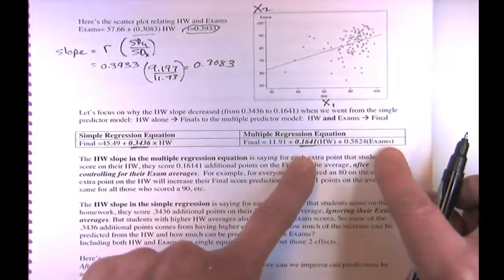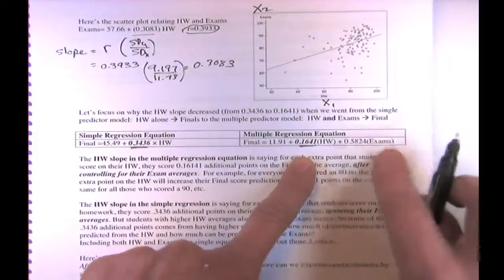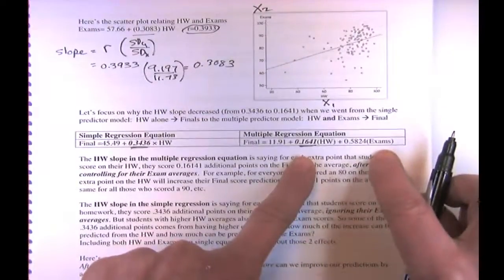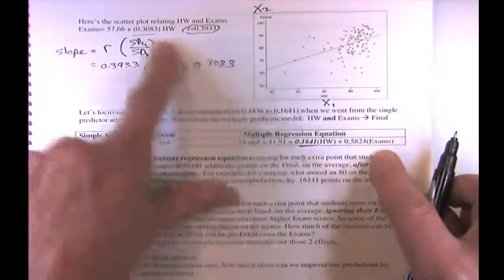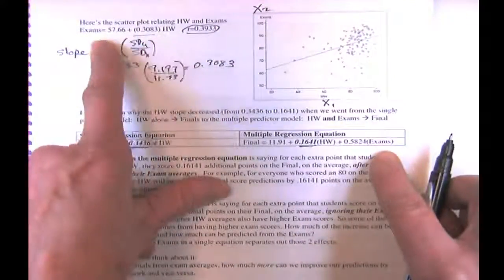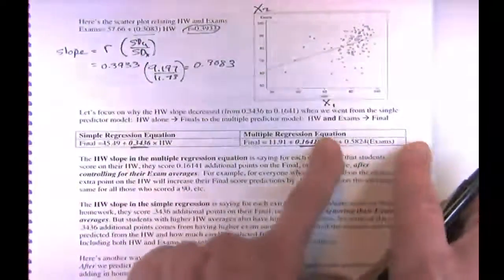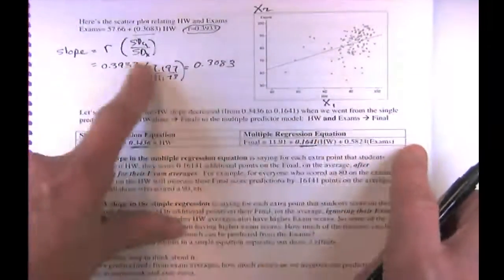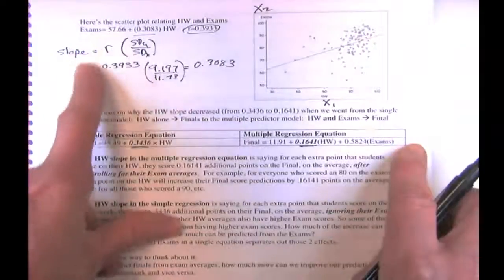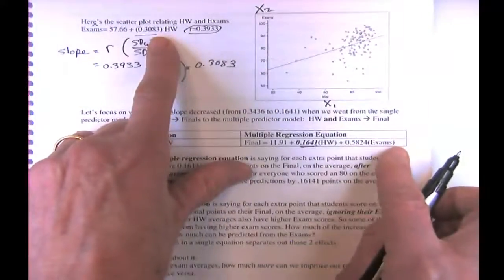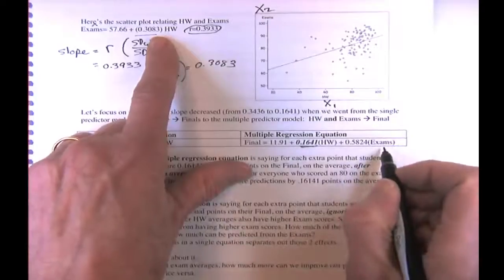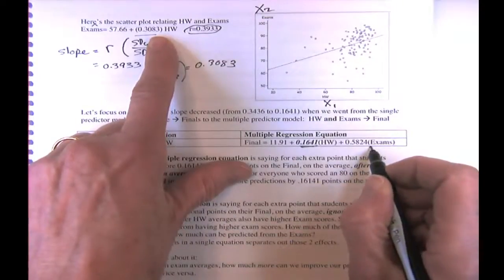And if exams and homework are correlated, you have an equation to do that. You have exams equal, right here, you have that. So we want all of this to be in homework, and you can use the predicted exams.